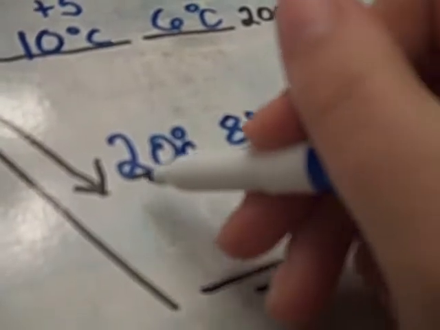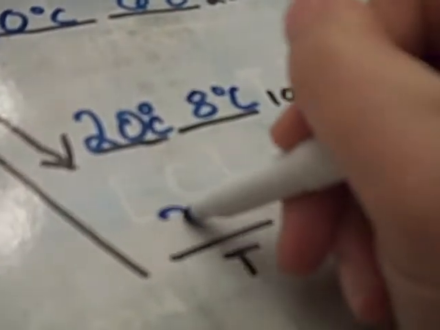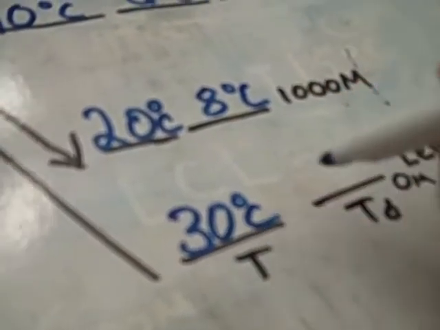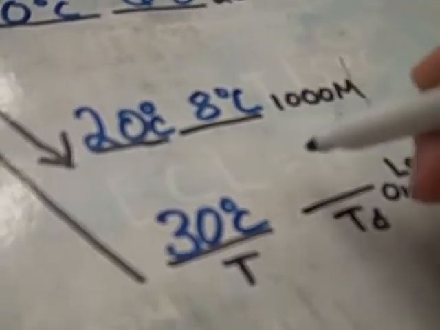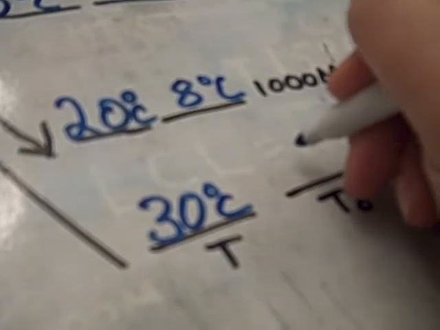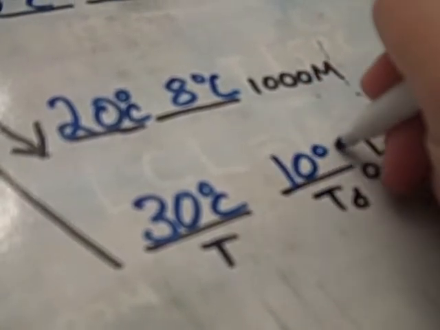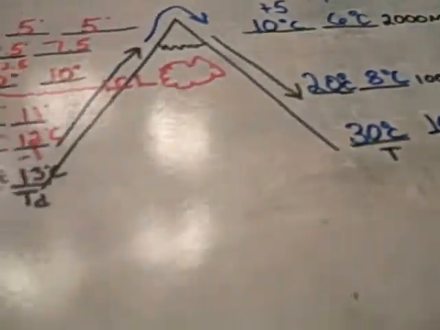I'm going to warm up by the full 10 degrees on my dry rate, giving me 30 degrees C. And on this side, I'm warming up by 2, and that gives me 10 degrees C.